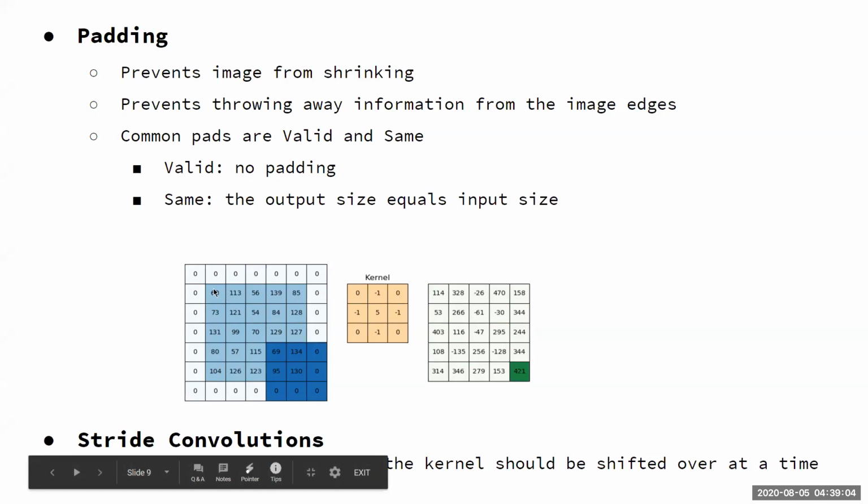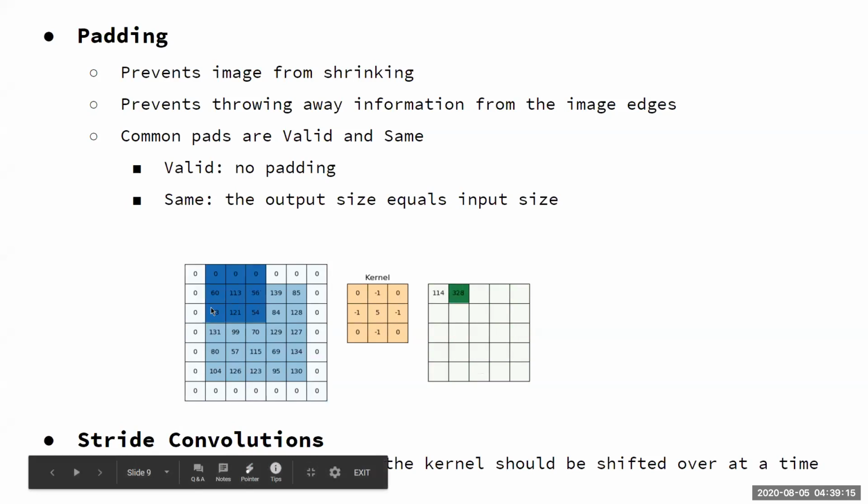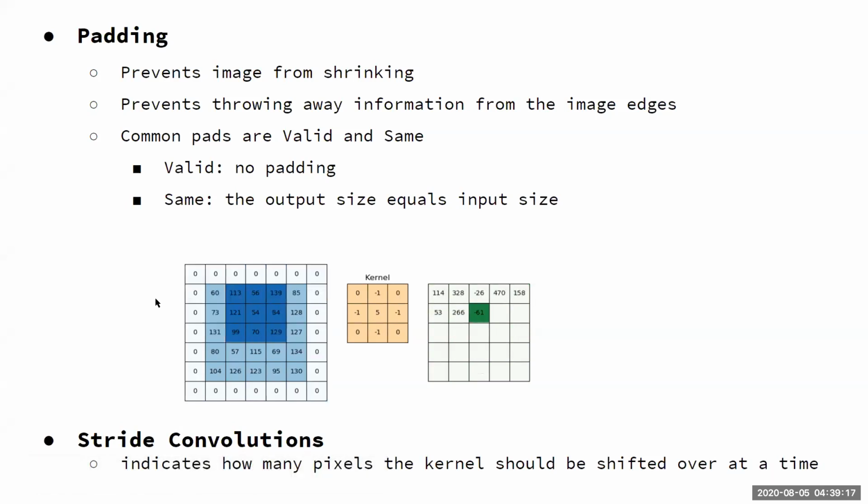For example, here in this pixel, the center pixels get convolved more times than the edge pixels. So we add padding so we don't throw away information from the edge pixels. And yeah, some common padding types are valid and same.